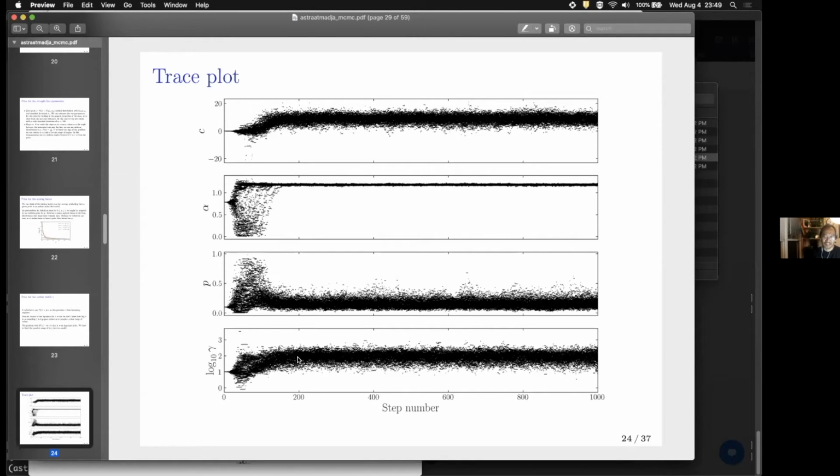I set up 100 walkers and 1,000 steps. So 100 times 1,000 is 100,000 samples. If we remove the first 200 steps, we're left with 80,000 samples. We don't really need that much. If we thin it by a factor of 8, we're left with 10,000 samples. I think that's enough, or even less, like 5,000.